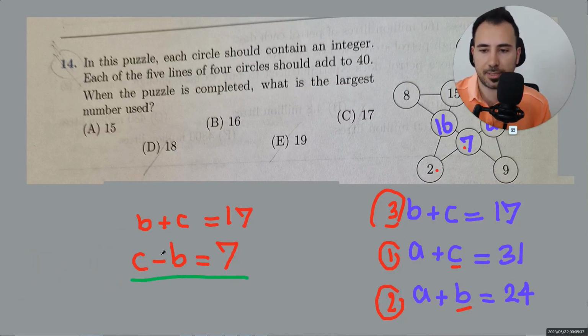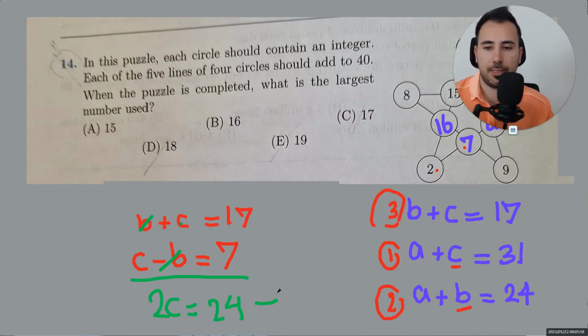When we add the left sides, this B and this B will cancel. So we'll have 1C and 2C. So 2C will be the same as 17 plus 7, 24. So C is 12.